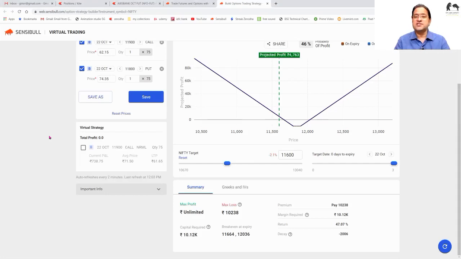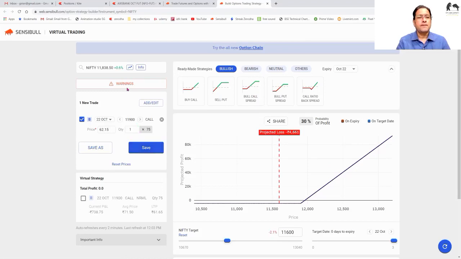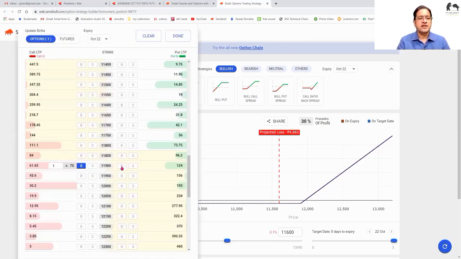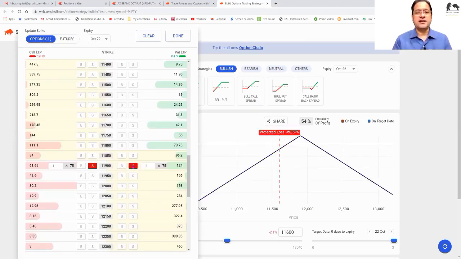Now let's try and do this at the same strike price. Let me choose the same strike price and take an action. Since I've bought this, instead of buying, I'll make it selling. Selling 11,900 at the same level wherever it is currently.